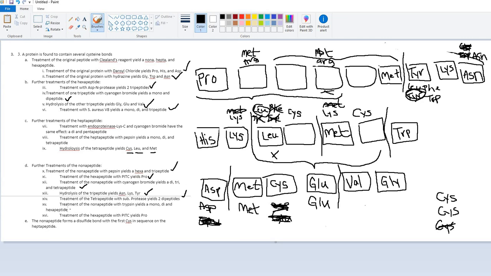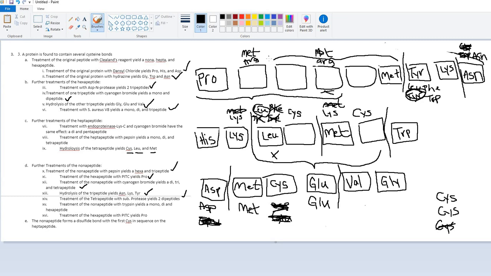The next clue says treatment of the nonapeptide with trypsin yields a mono, a di, and a hexapeptide. Now we know that trypsin cuts at the C terminal of lysine and arginine, and we have a lysine in here, so the trypsin is going to cut here, which would make our monopeptide, but it also makes a dipeptide and a hexapeptide. And we know that trypsin also cleaves the arginine, and we have an arginine in this spot or in this spot.